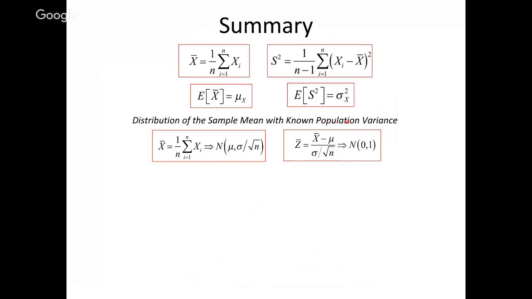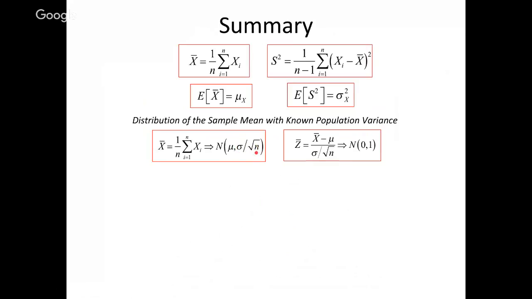In the event where we know the population variance, we also showed that the sample means are normally distributed around the population mean mu with a standard deviation of the population standard deviation divided by the square root of the number of samples that we collected.